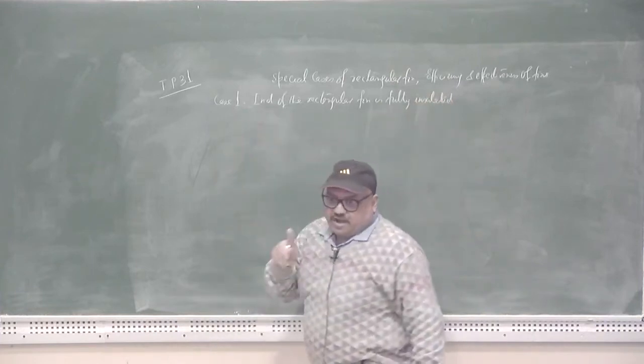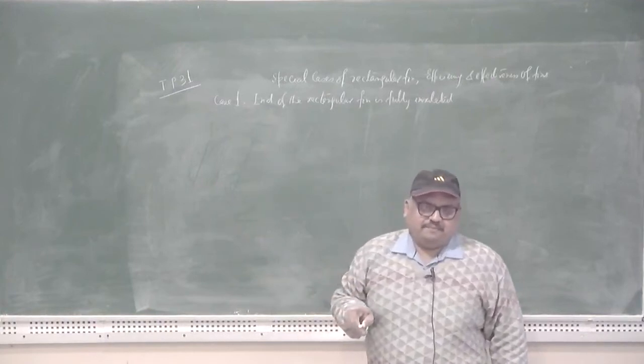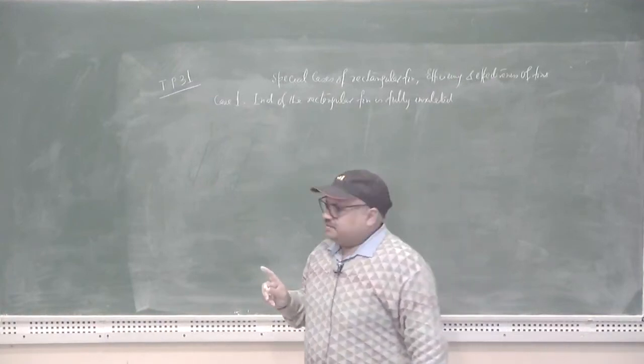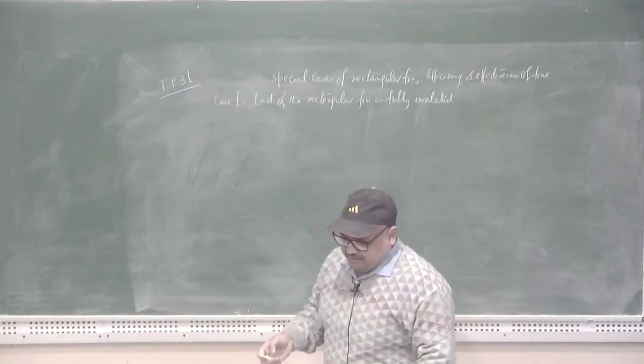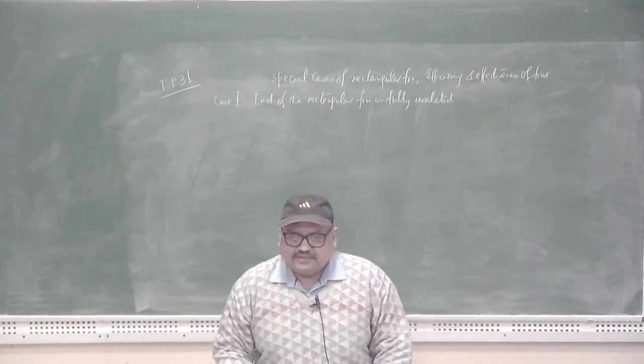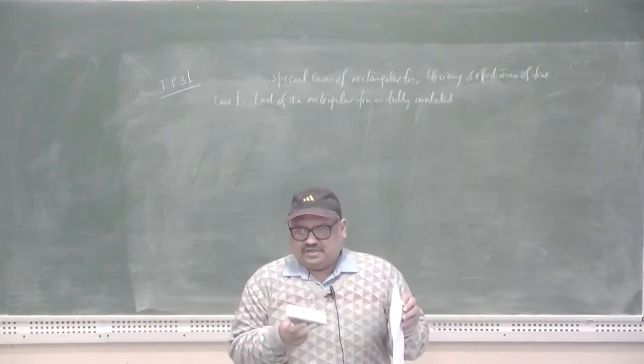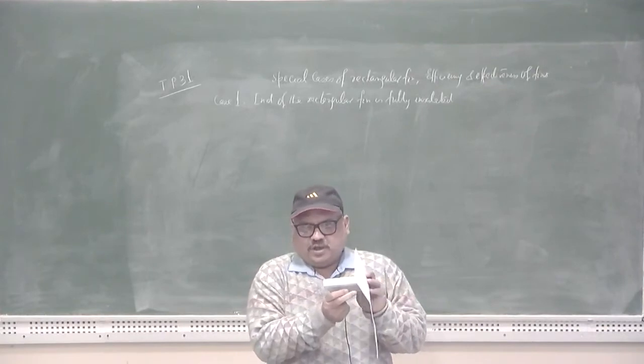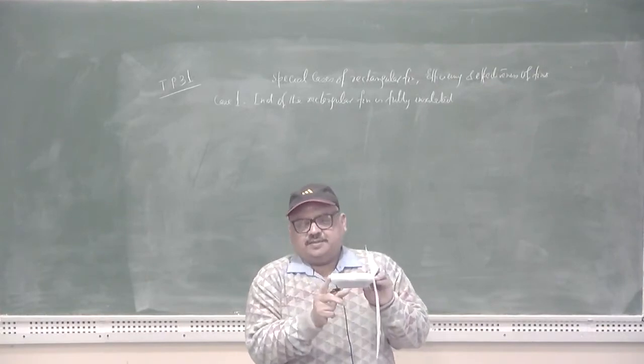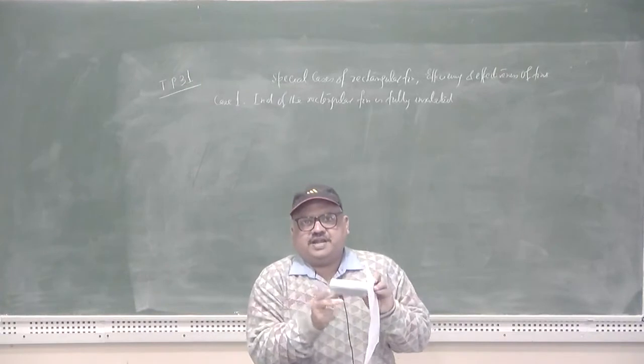End of the fin, I am not talking about the root or base. Let us suppose this is the surface from which heat energy is to be dissipated and this is the rectangular fin. I am not talking about this portion, rather I am talking about this portion, that is the free end.